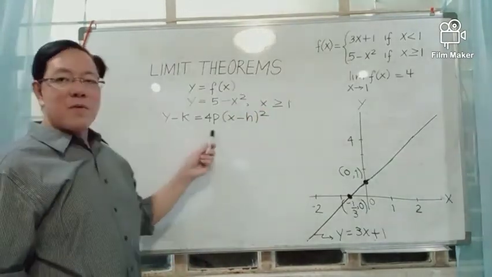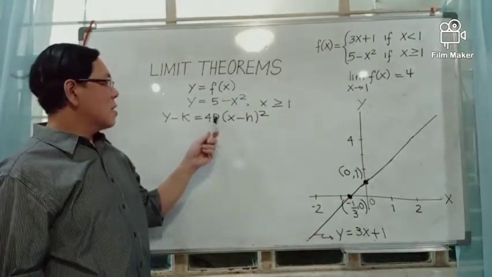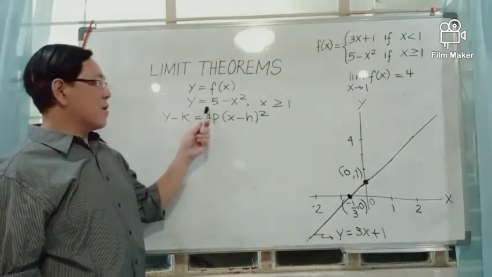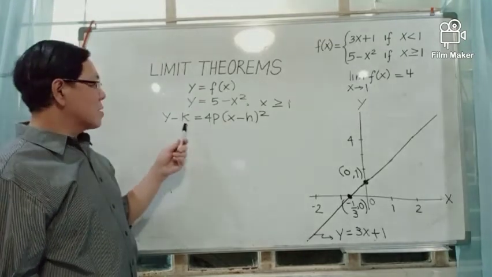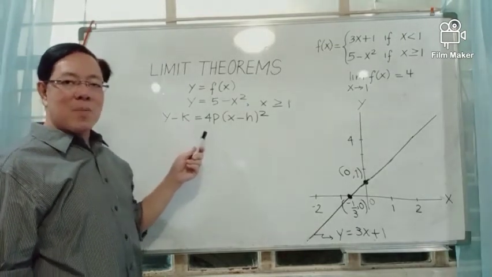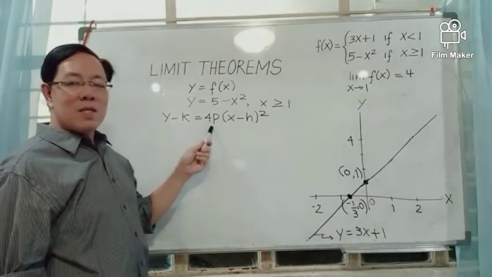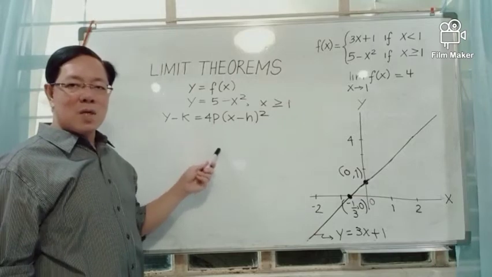This is the general form of a quadratic equation in variable x. And we should write the equation y equals 5 minus x squared in this form for us to find the vertex of the parabola and to find whether the parabola opens upward or downward.